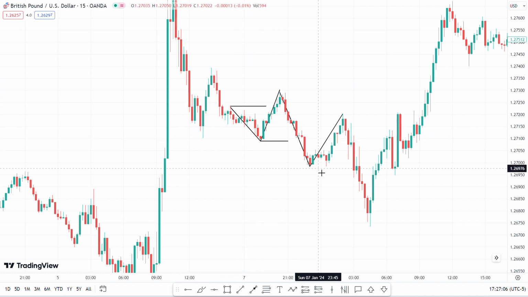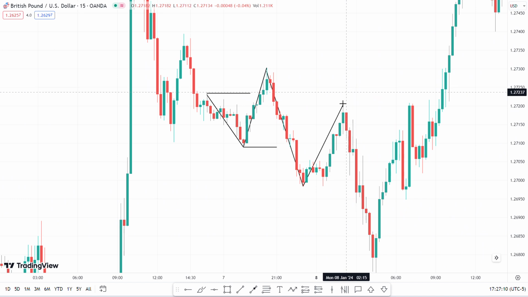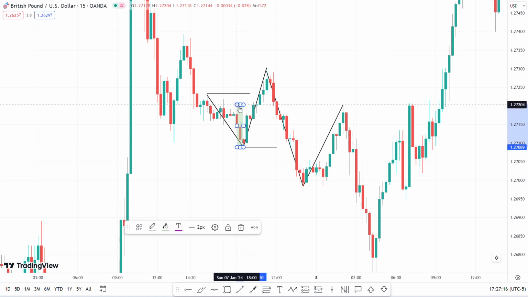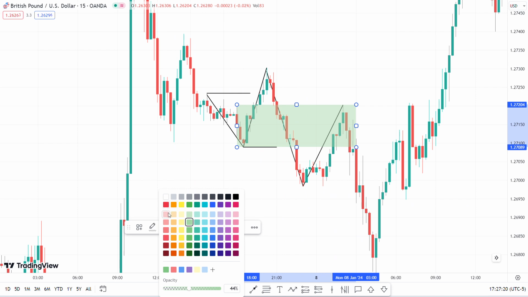And the areas you're looking to sell is inside these red candles. So that area, let's just mark it in red, sell.